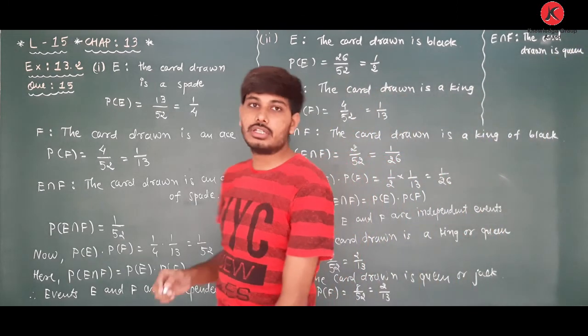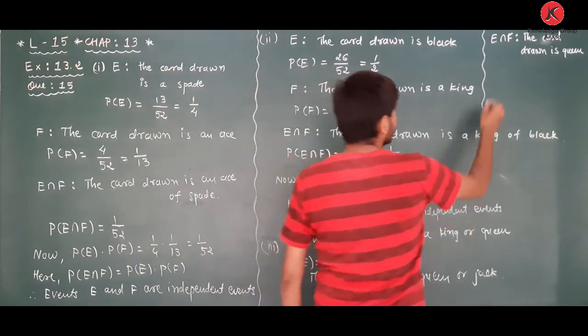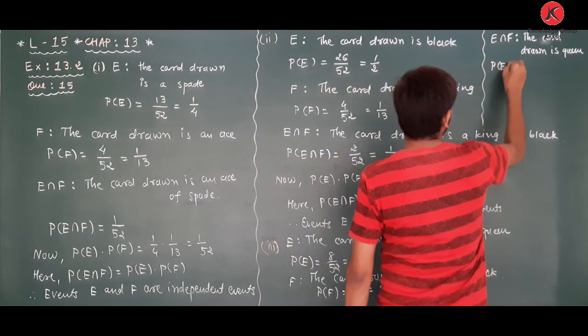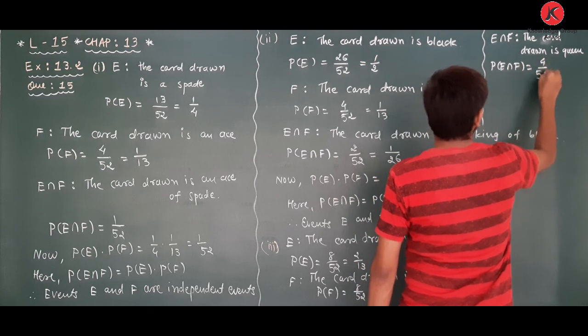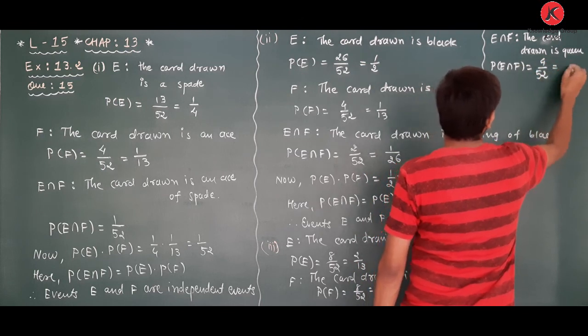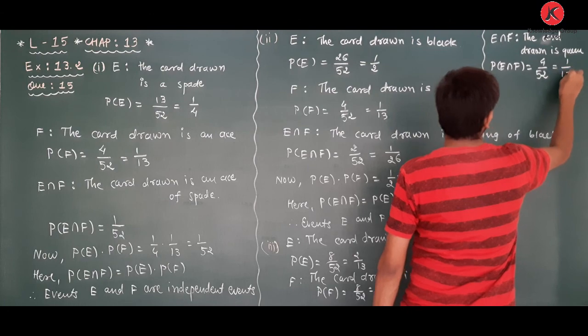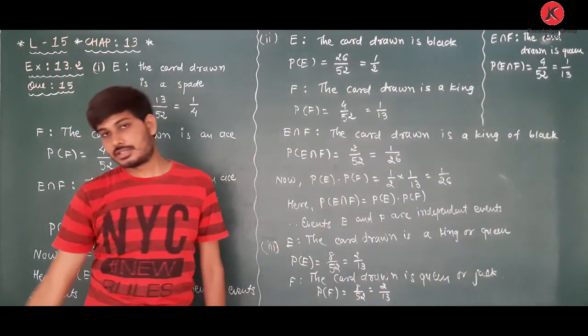The probability of E intersection F is total available queens 4 by 52, and you are getting the answer 1 by 13 for this case.